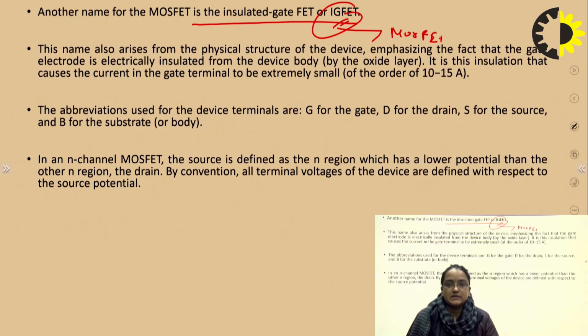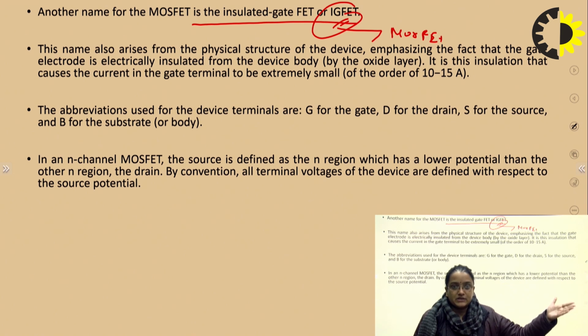Because the more the current increases, the more the problem is that the device will get damaged, so we put an insulating layer of silicon dioxide, that is SiO2, and its role is to provide the insulation. Why do we need to provide it? Because we have to control the current which is applied at the gate terminal. If it exceeds, then there is a chance that the device will be damaged.